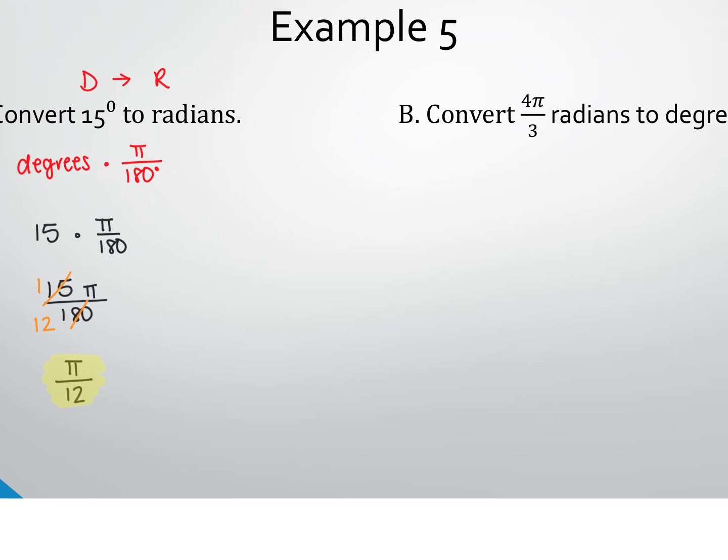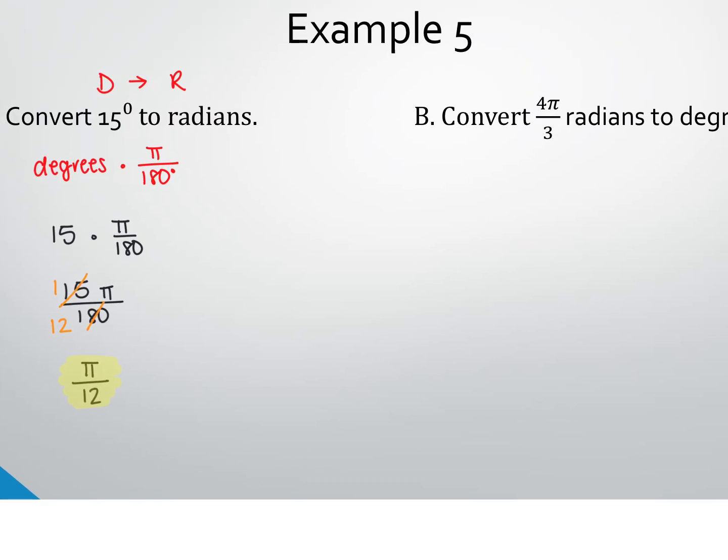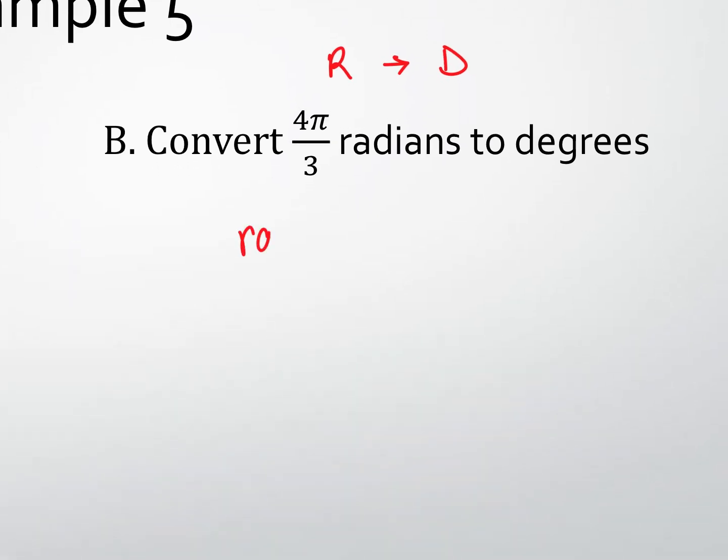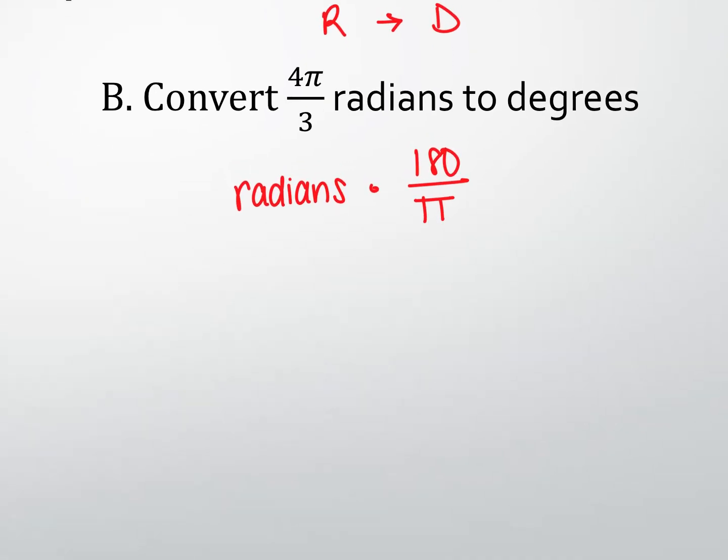Okay, looking at the next one, they're asking for radians to degrees. So now I'm going to do the opposite. I have radians times 180 over pi. Plugging it in, what's the radians they gave me? 4 pi over 3 times 180 over pi.